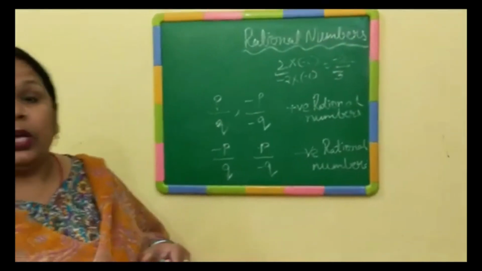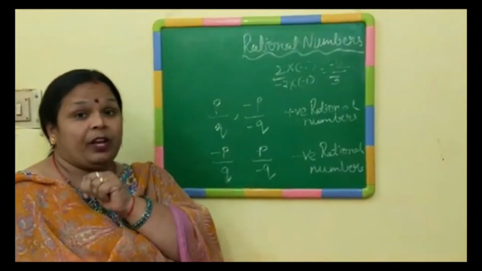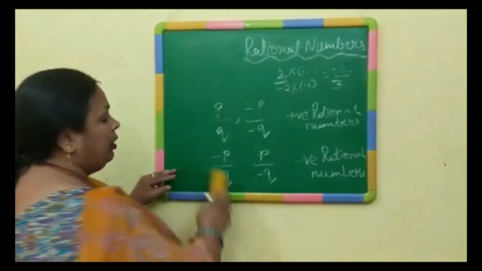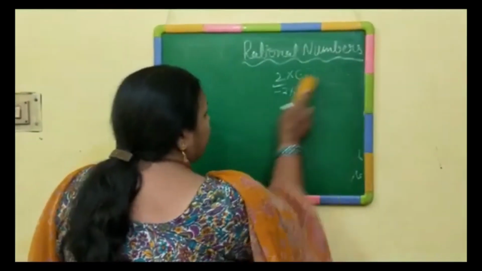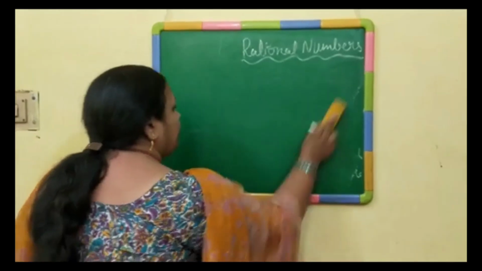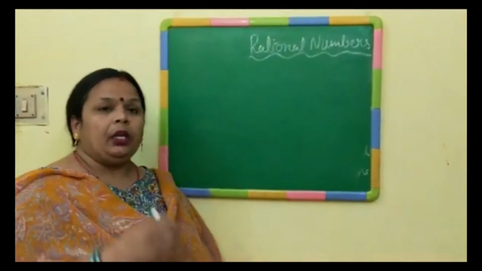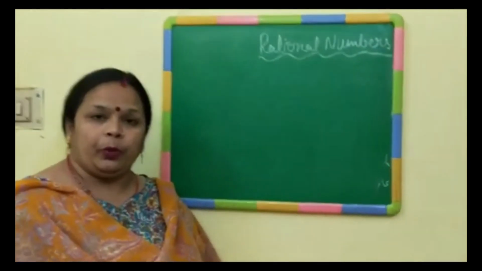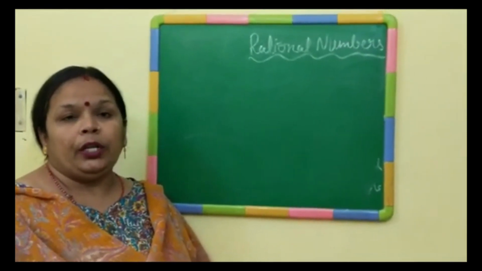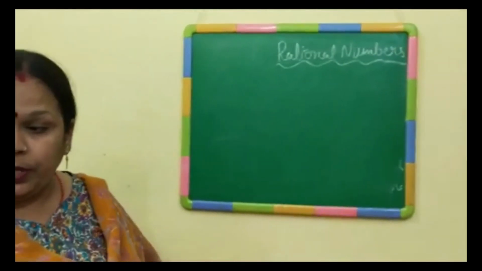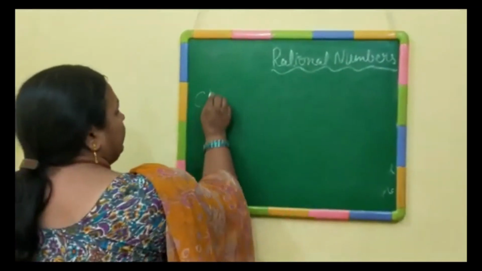So coming next to the properties of rational numbers, let's move a bit forward. Now what are the properties of rational numbers? When we discuss any type of numbers, almost the properties are same, only thing we need is to recap it. Like the first property is closure property.